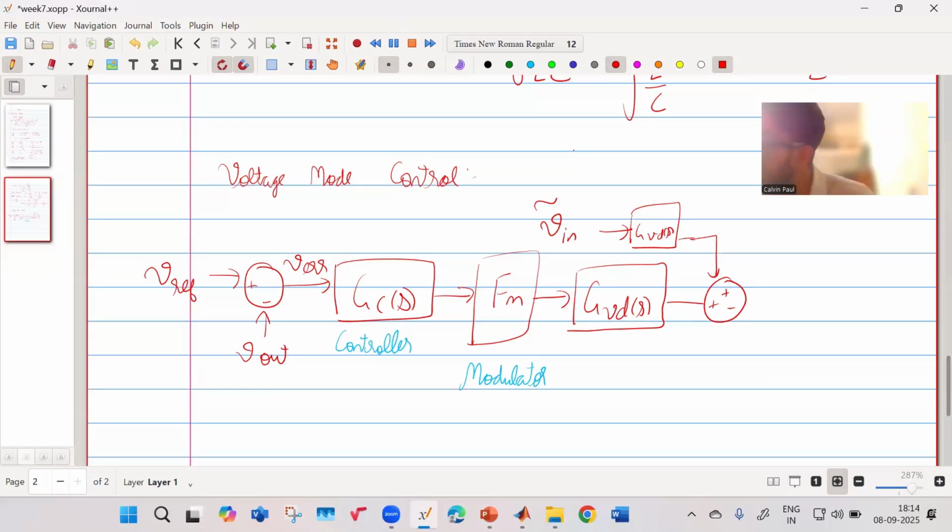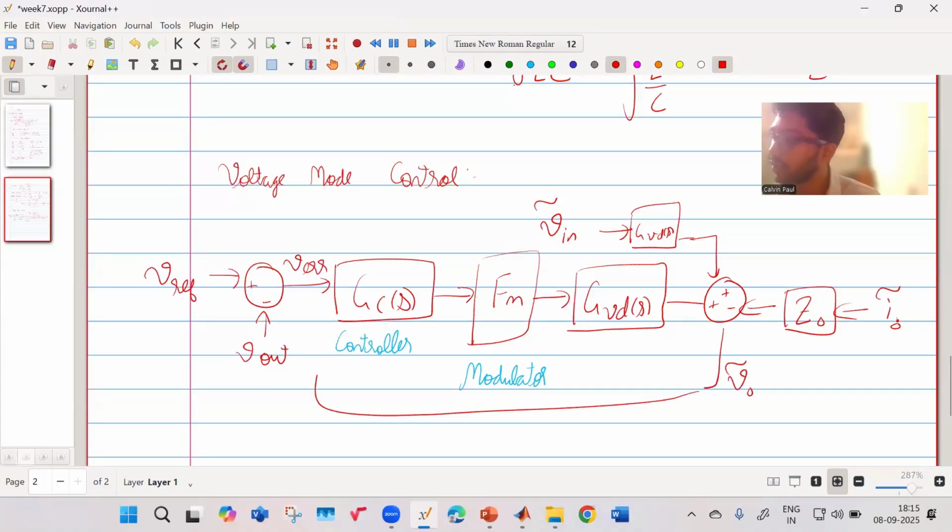There will also be your Z naught, which will show its effect by perturbations in your load current, which is given by I naught. And this is your overall V output perturbation, which comes over here. Right? So these are the dynamics for voltage mode control.